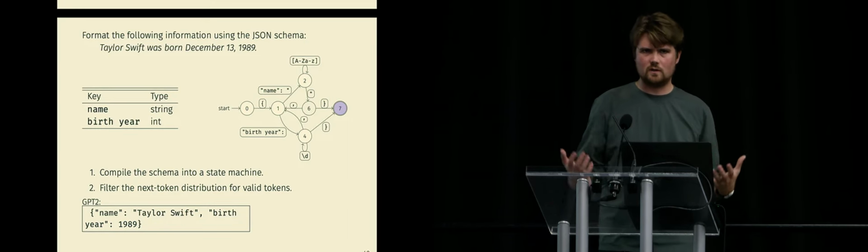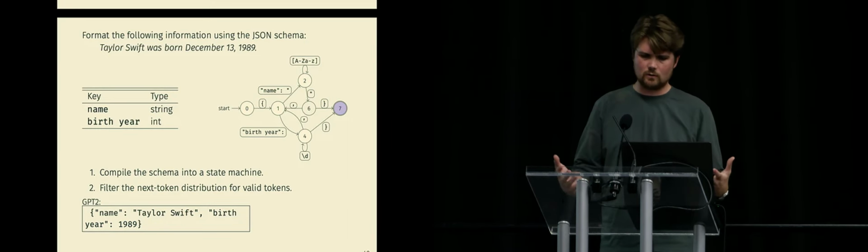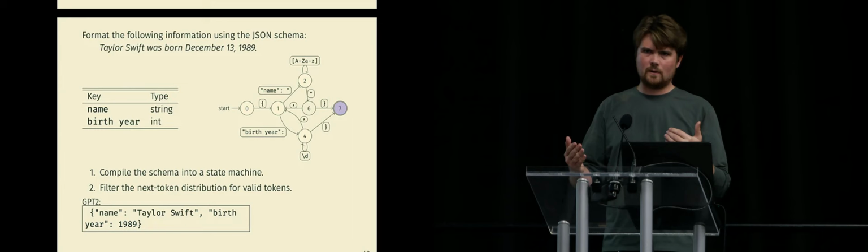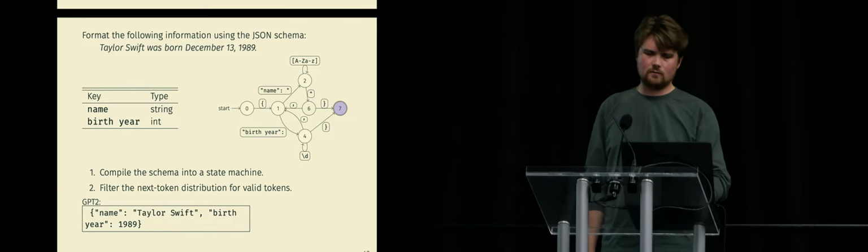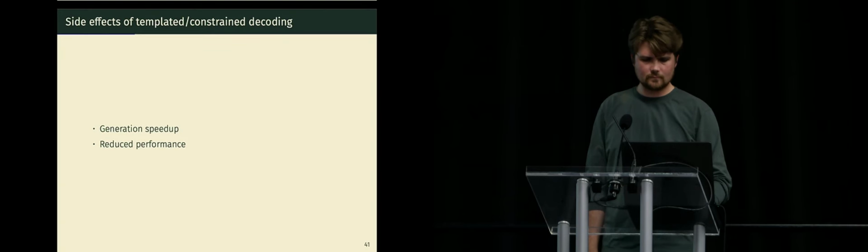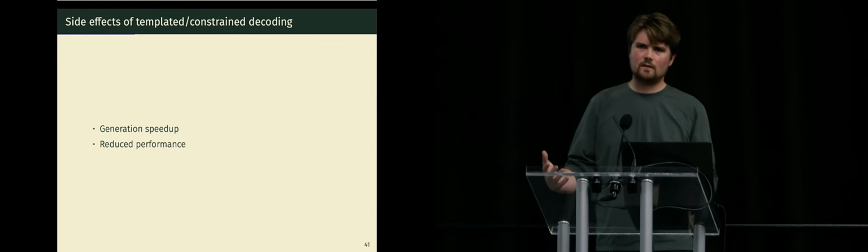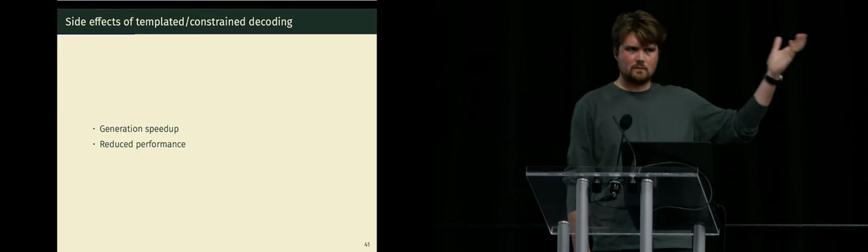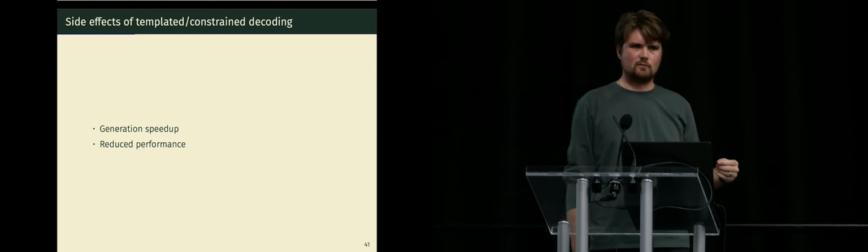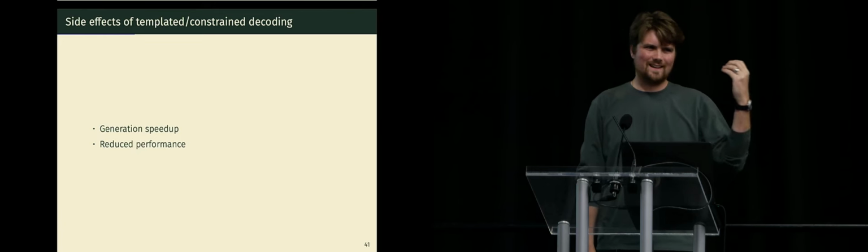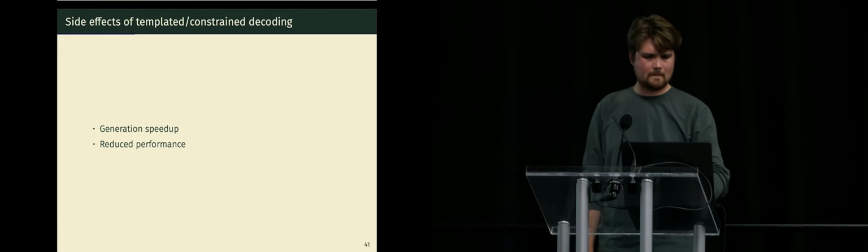So for instance, it wants to open a parentheses, or sorry, open quote, but by constraining the model to only generate integers at this point, you can get it to generate the correct output. And eventually you get to the end and you have your valid JSON. Even though you might be using a weak model like GPT-2, suddenly it's able to follow this instruction to generate valid JSON.